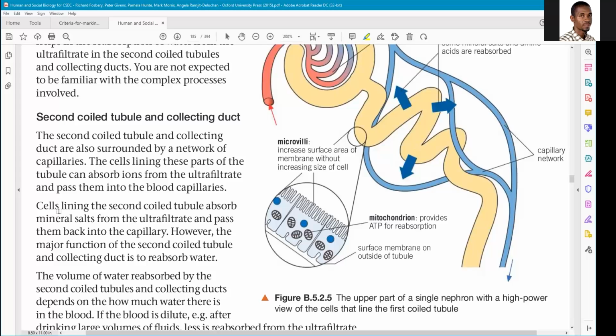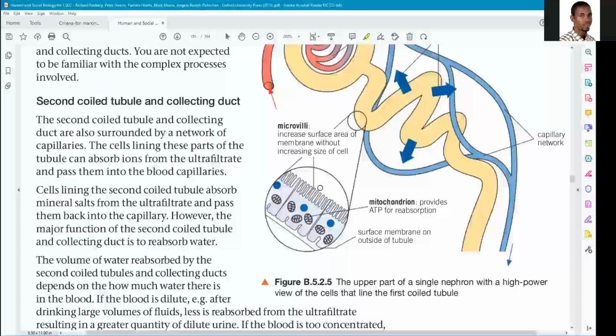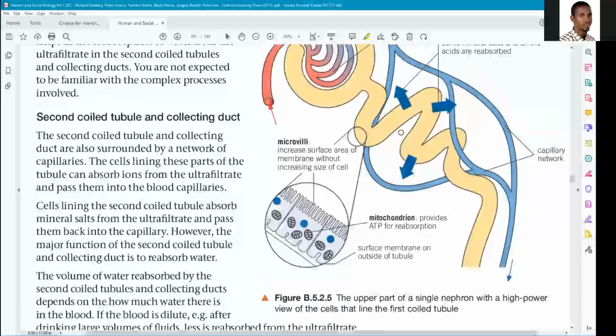However, the major function of the second coiled tubule and collecting duct is to reabsorb water. Whatever is missed in terms of the mineral ions in the first tubule, most of it is already reabsorbed, but whatever remains is absorbed in the second tubule.